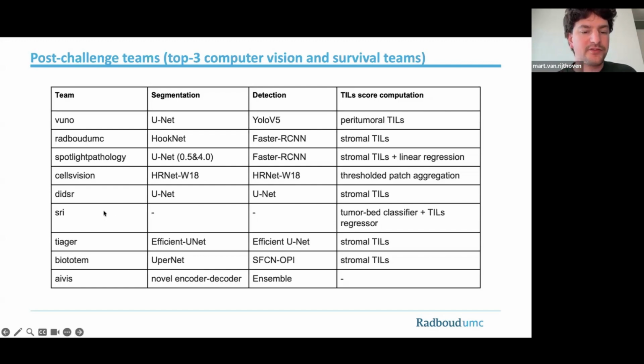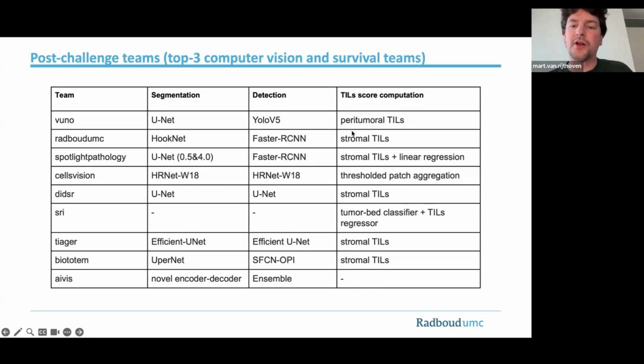As you can see here, SRI actually didn't do the segmentation and detection. They didn't make a Docker for the computer vision track. And IFS didn't make a Docker for the survival track. That's why we don't have any information here.